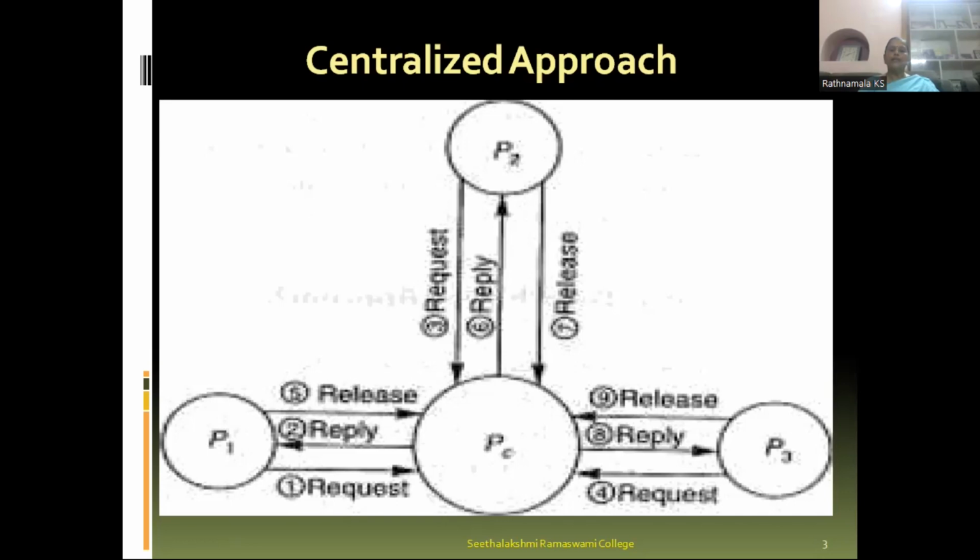So it gives a proper reply to the other processes. When the processes make a request to the coordinator control process, they have to wait until they get the reply whether they have been allocated the resource or not. So the entire control is with the control process. The other processes simply make a request, get the resource or not, otherwise they have to wait. This is the centralized approach.